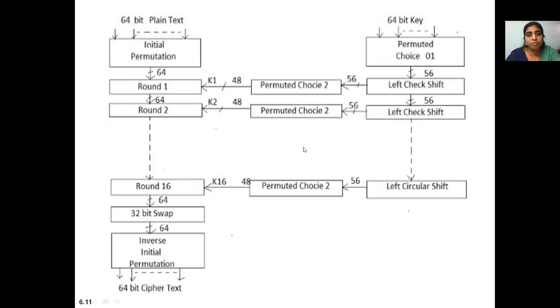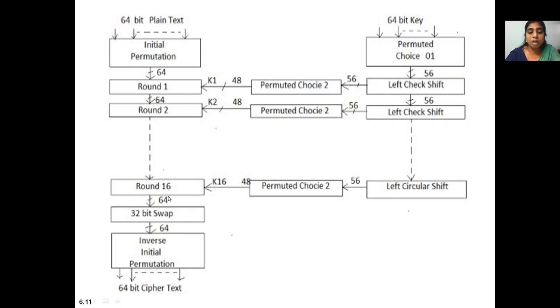Once you have the 48 bit key, this is the structure for the 16 rounds. Once you have finished the left circular shift and permuted choice 2, round 1 is finished. This process will continue for 16 rounds.